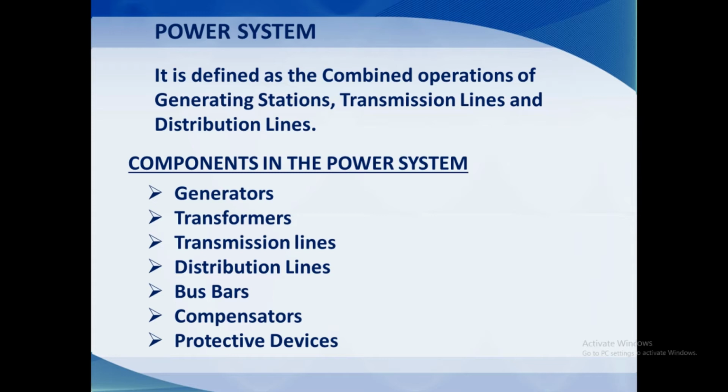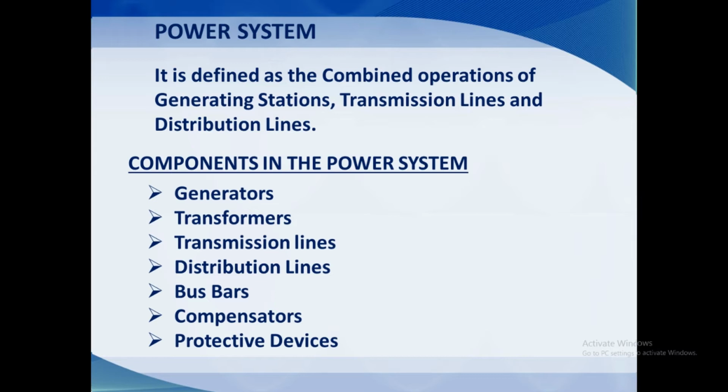Transmission lines are three-conductor, double circuit, or triple circuit lines. Primary distribution lines are three-conductor lines. Then secondary distribution lines are four-conductor lines.